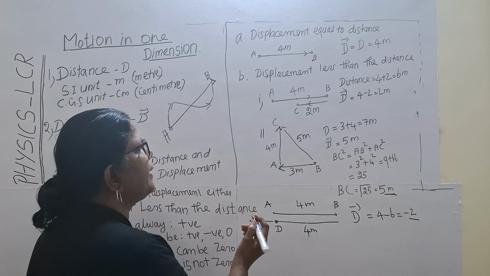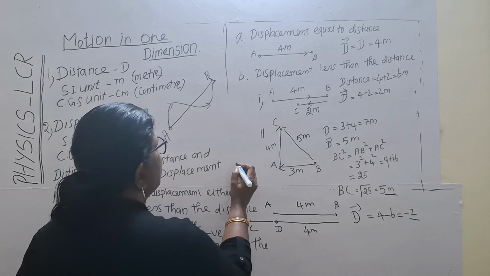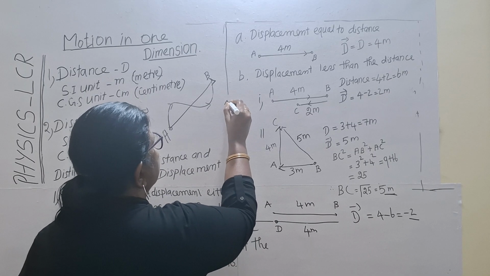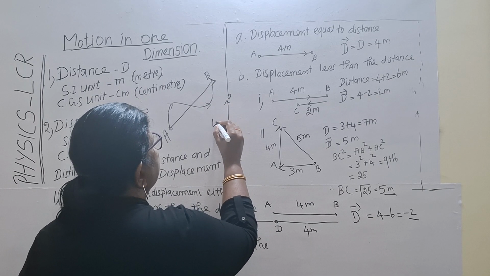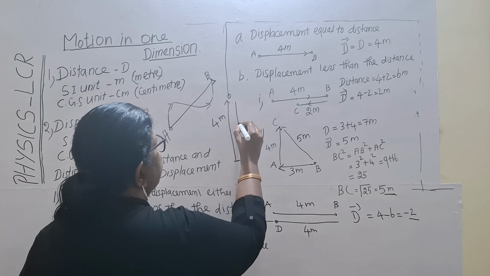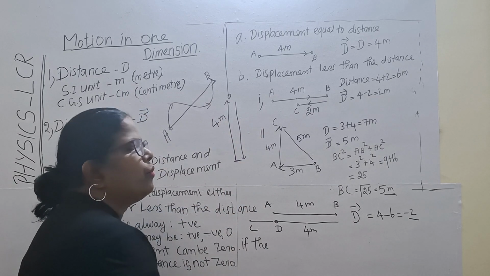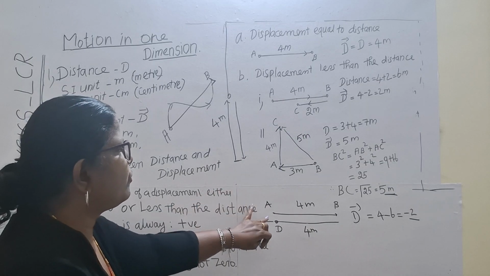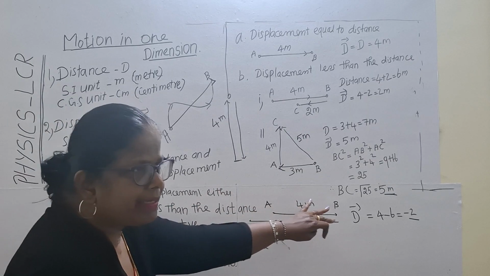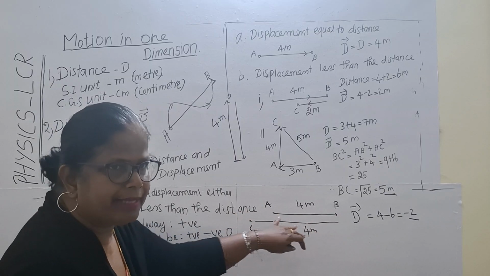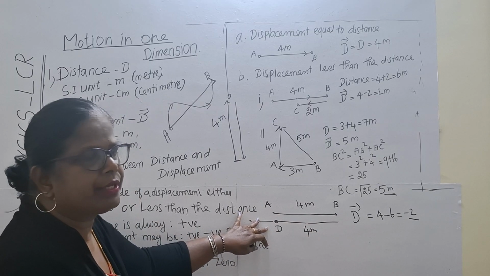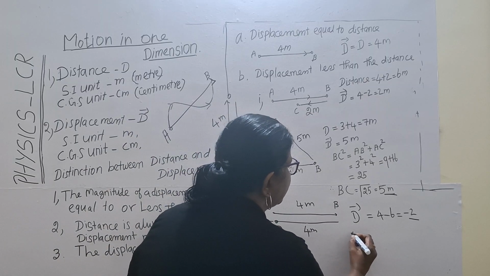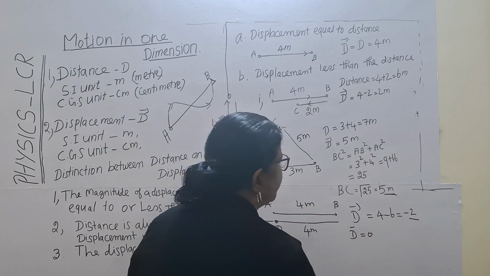Otherwise, you are throwing a stone from the ground, and the stone goes up, 4 meter height. Then it comes back, 4 minus 4, 0 will come. When the body started from the original position and comes back to the same position, displacement will be 0.